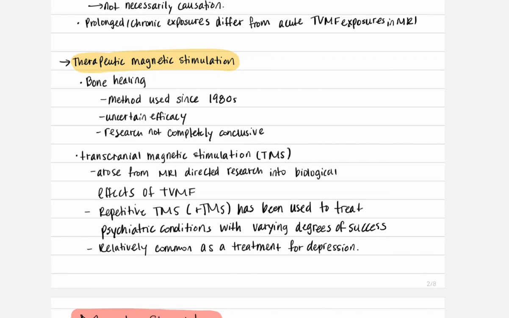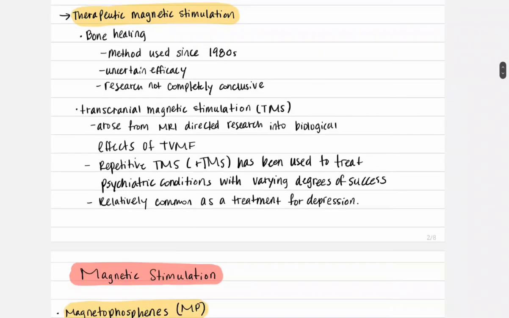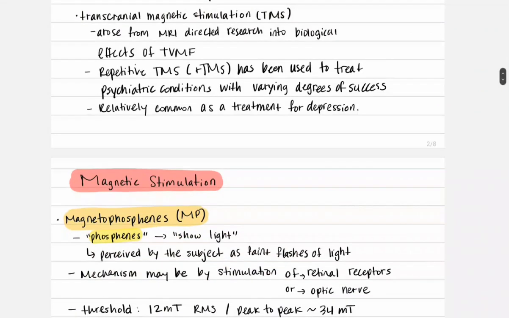Transcranial magnetic stimulation, which is actually what is usually referred to as TMS, arose from research relating to MRI effects of time-varying magnetic fields. And repetitive TMS has been used to treat psychiatric conditions with different degrees of success, but it has now become an established technique to treat depression in some areas.